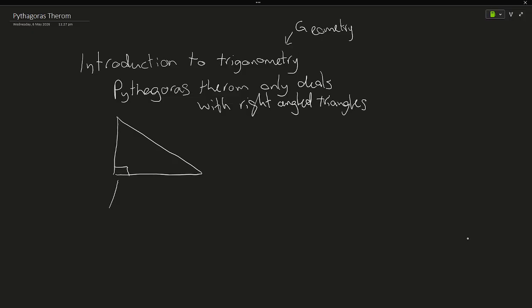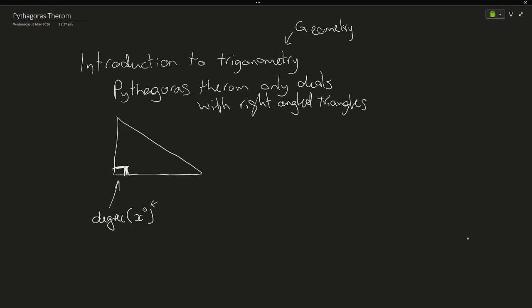The way to identify a right-angled triangle is if it has this little box in the bottom left. This is a degree. It's measured in degrees, which looks like this.